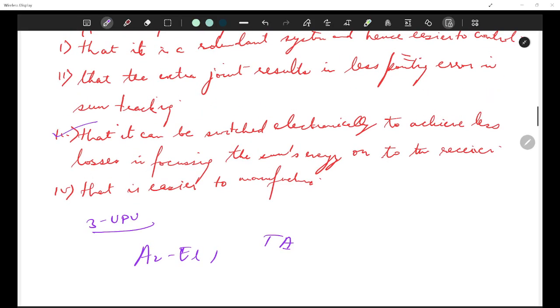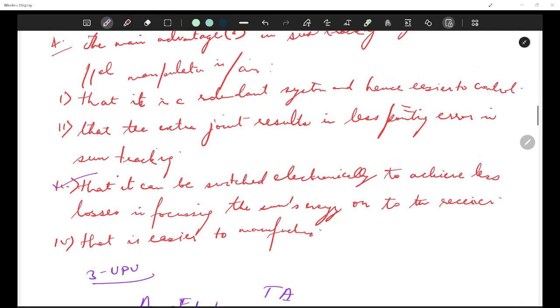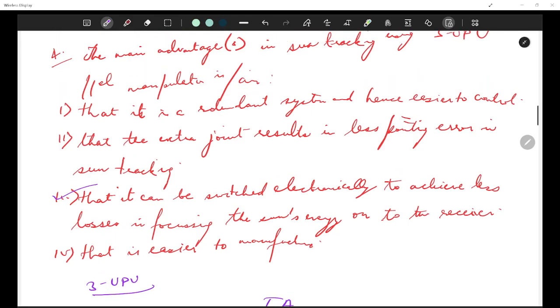Now let's talk about the first option. It is a redundant system and hence easier to control. Redundancy does not automatically mean easier control. In fact, redundancy usually makes control more complex because in many cases there are infinite possible solutions, okay?